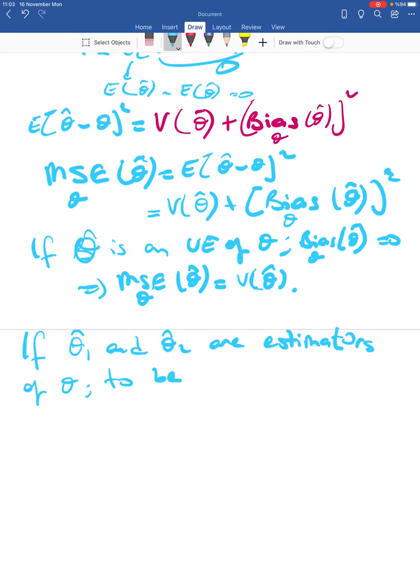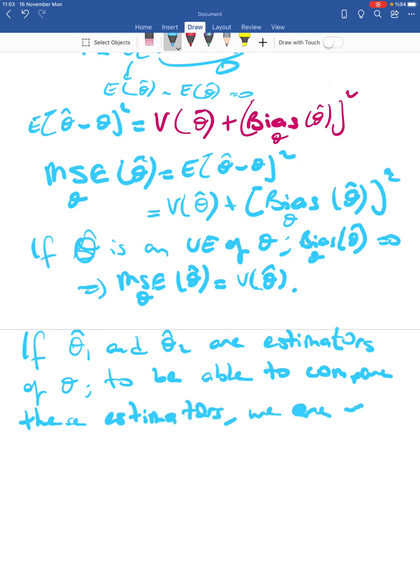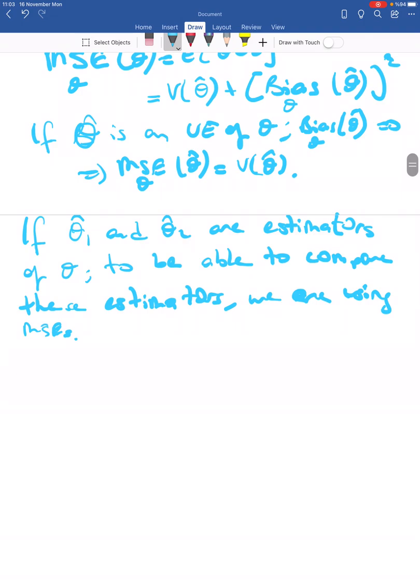To be able to compare these estimators, we are using mean square errors. So we are calculating the mean square errors.